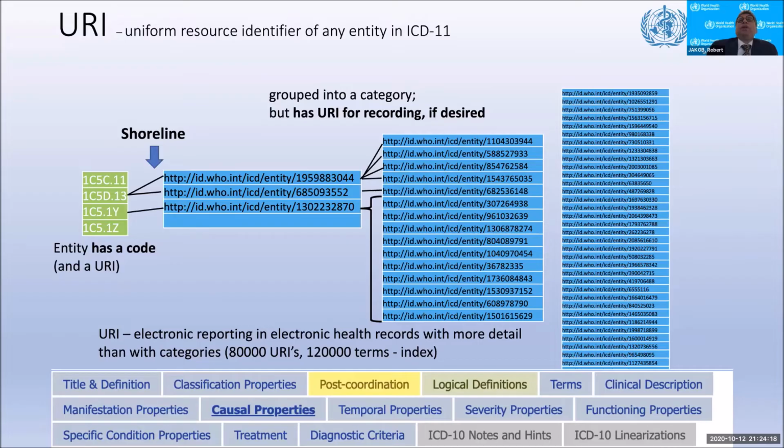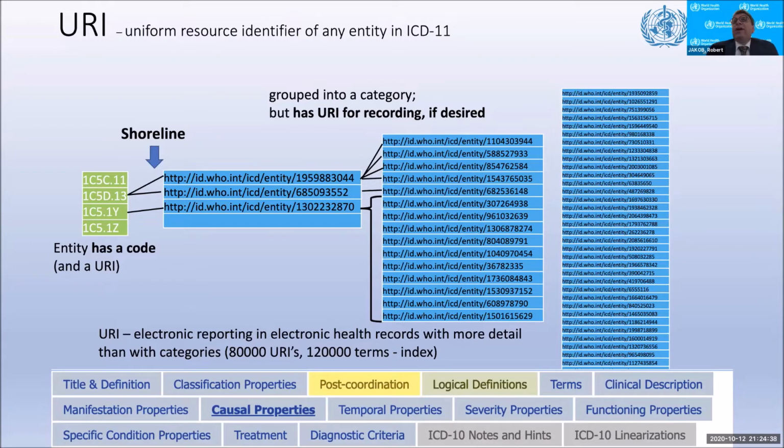And also below the surface, now here, I show it from a different angle. We have here, let's say, a hierarchical view, and you see that, for example, every entity has some code that lumps together eventually several other entities that then are coded with the URIs, unique resource identifiers.